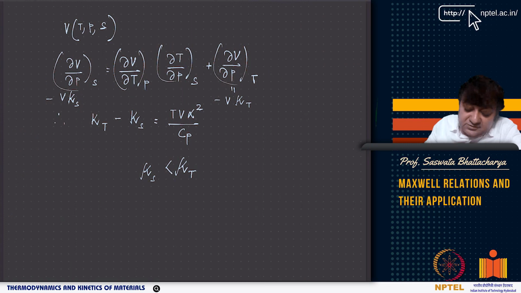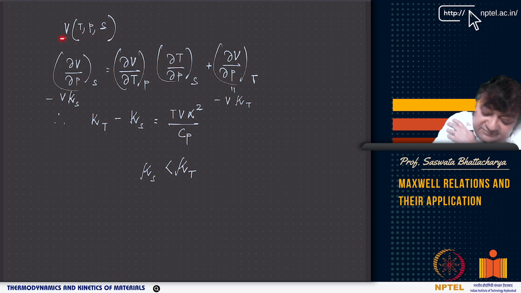Now, if you use all these relations, this is the point that I am trying to make. Whenever we measure, we first want to find out the most useful relation that we should use. So here, for example, to find the relation between isothermal compressibility and adiabatic compressibility, we are using V, and V is related to temperature, pressure and entropy.